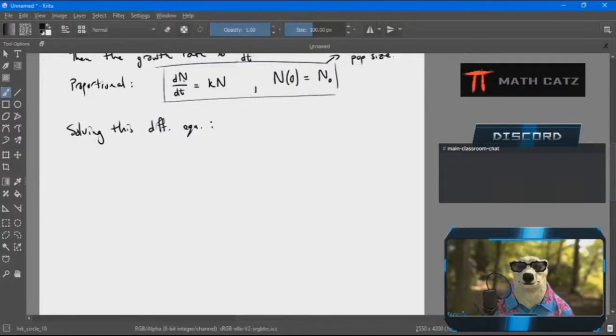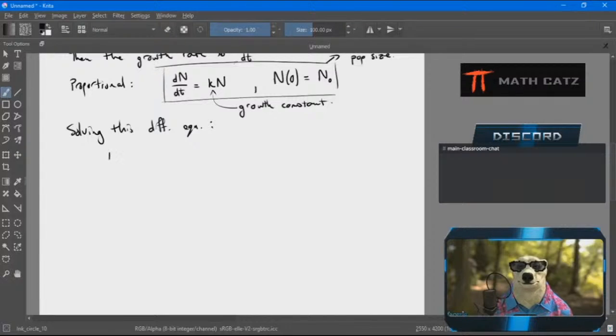My function is now an N, and my independent variable is a t. Remember, k is a constant. It's called the growth constant. And it'll change in value from one situation to the next. The growth constant for bacteria won't be the same as the growth constant for people, and so on. So I'm going to separate my variables because the N is on the wrong side.